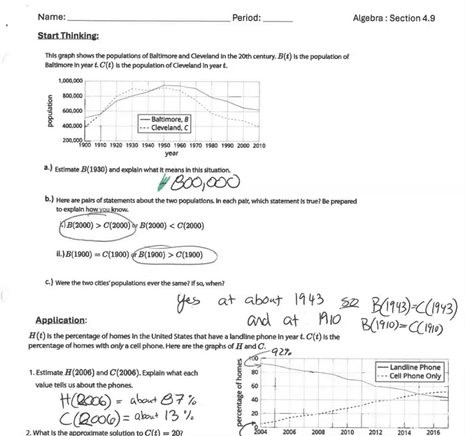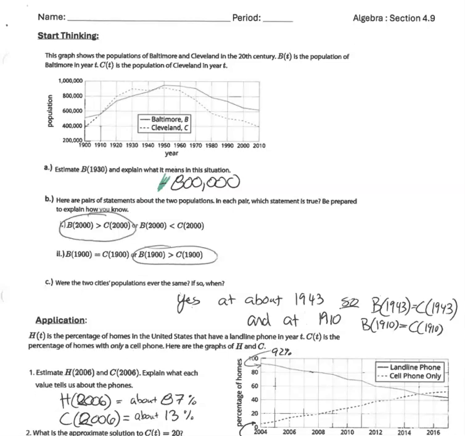For the next one, it is asking in 1900, are the populations going to be the same, or is Baltimore going to be higher than Cleveland? When you take a look at this, you can see that Baltimore is going to have a higher population than Cleveland.